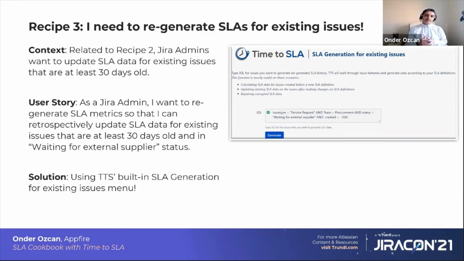So in this context, once we introduce this pause capability, Jira admins want to update SLA data, SLA metrics for existing issues that are at least 30 days old. So this is their decision, and it needs to be implemented, right? So as a Jira admin, I want to regenerate SLA metrics so that I can retrospectively update SLA data for existing issues that are at least 30 days old for waiting for external supplier status.